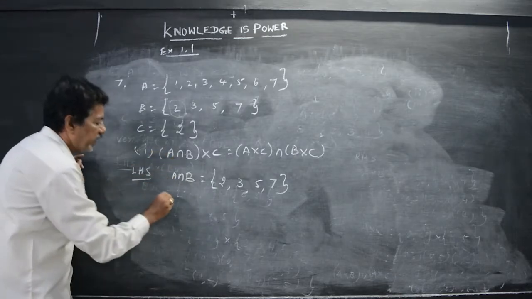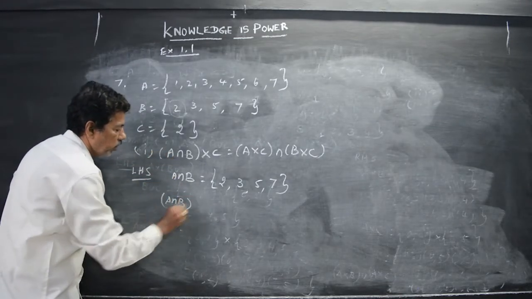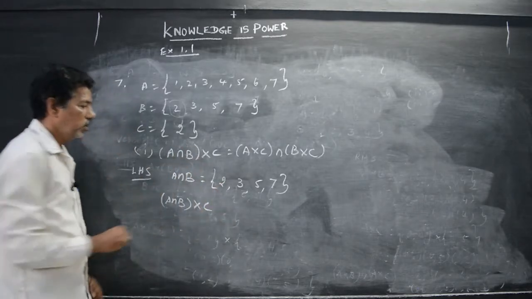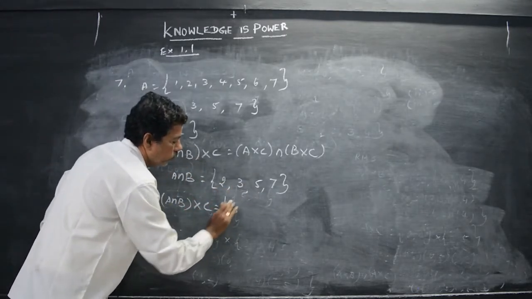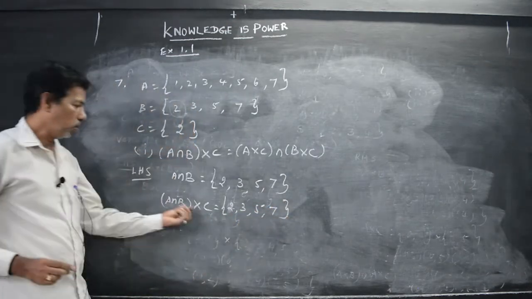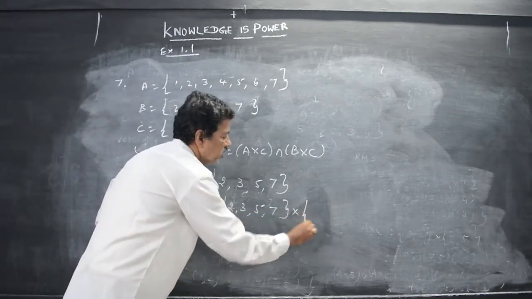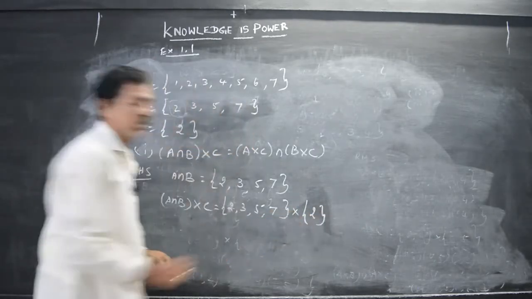Now A intersection B cross C. So again you have to write this answer 2, 3, 5, 7 cross C. The C set is what? 2. Now we have to write that C set.